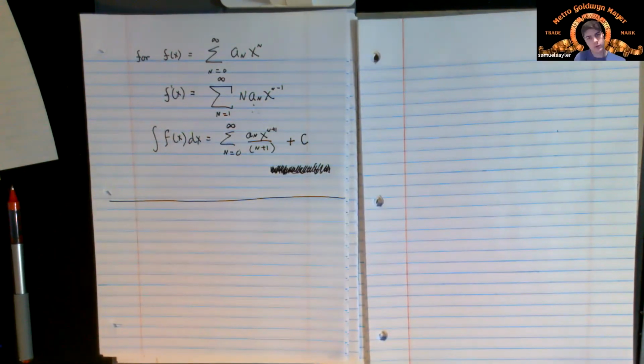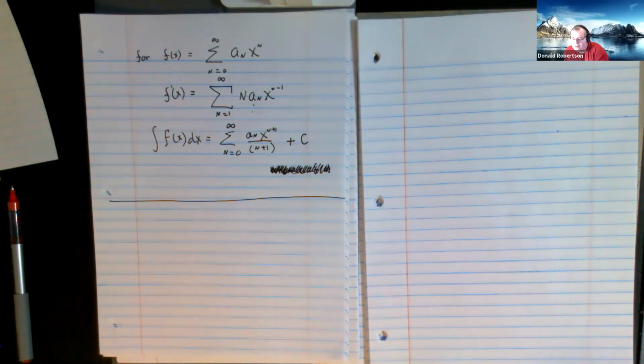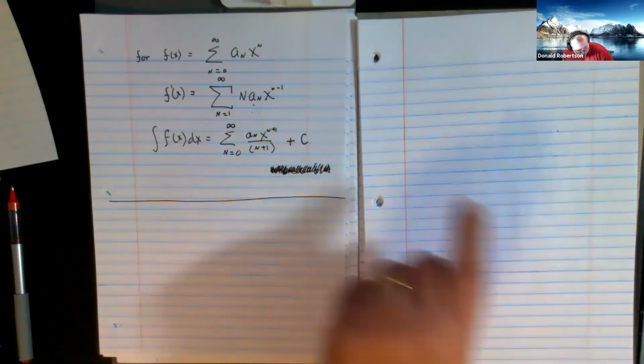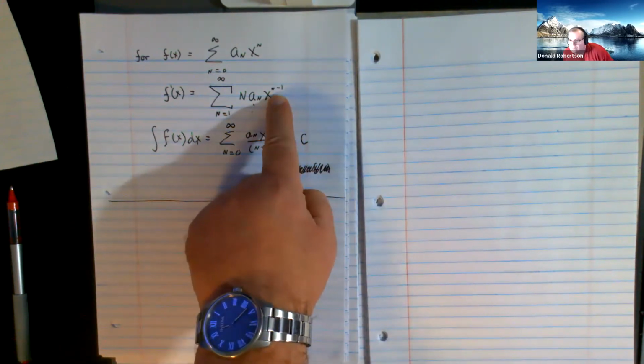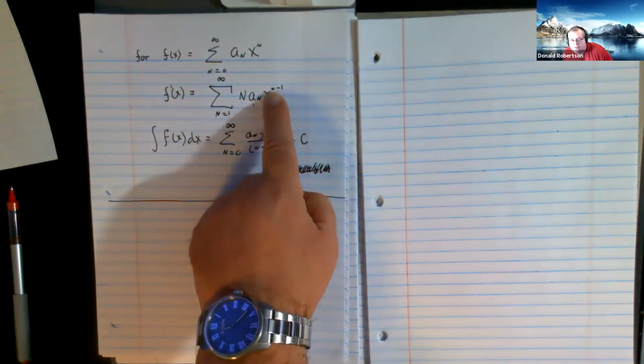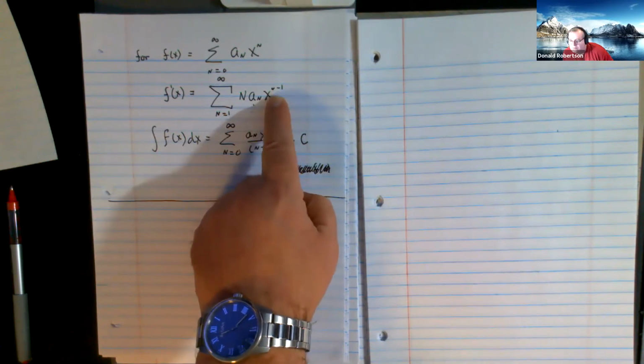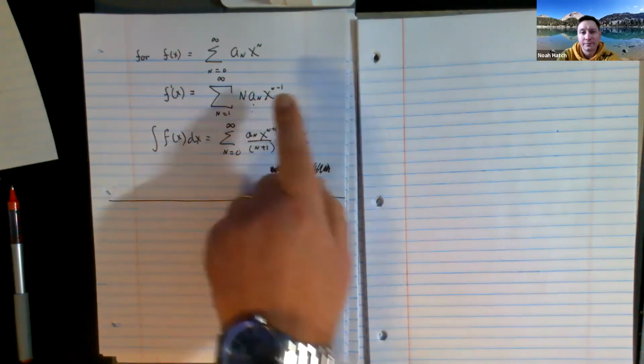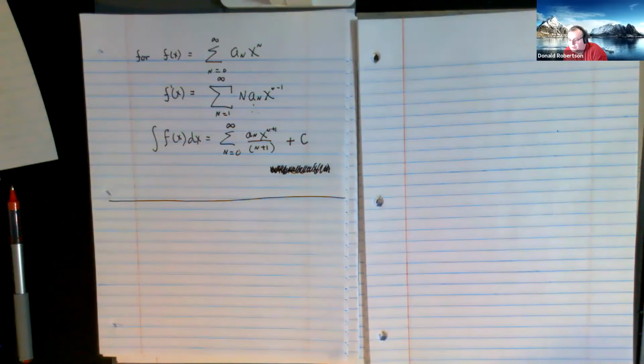We certainly don't want it to be 0. Suppose I plug 0 in here. What would this power of x be? -1. And we know that you don't get negative powers in a power series, right? And so we shouldn't be getting negative powers in its derivative, right?